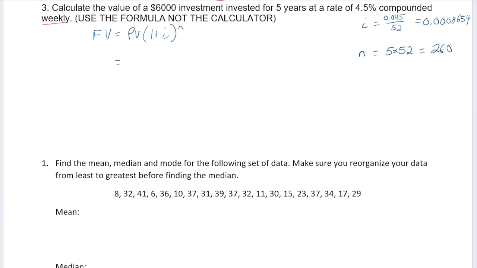So we plug everything in. 6,000 times 1.000864 to the power of 260 gives me a total of $7,513.24.